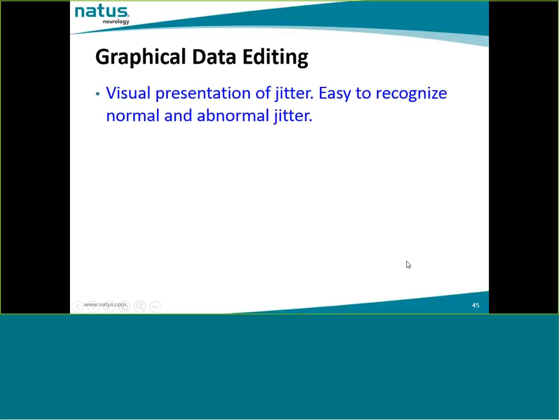So to summarize, the graphical data editing tool is a visual presentation of jitter. It is very easy to recognize normal and abnormal jitter from the scatter of the IPI values. It is very easy to recognize trends.